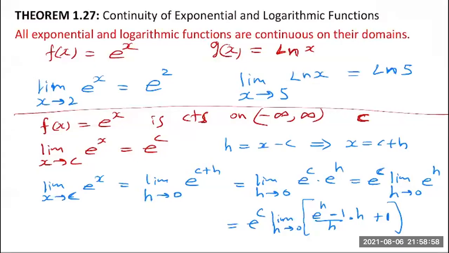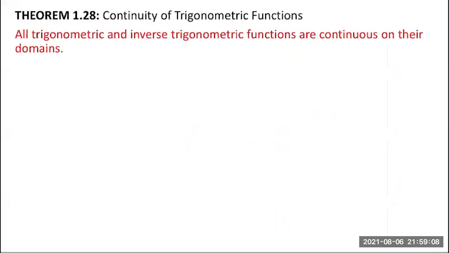So that means exponential functions are continuous everywhere on their domains. All right, let's move on. Next, trigonometric functions are continuous on their domains. Here, this theorem, we are not going to prove. And a strong application of this theorem is that we can use it to find limits.